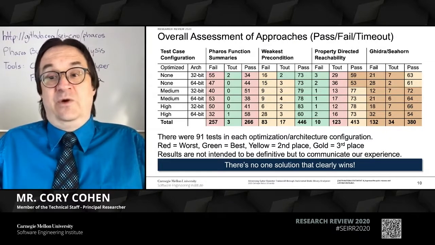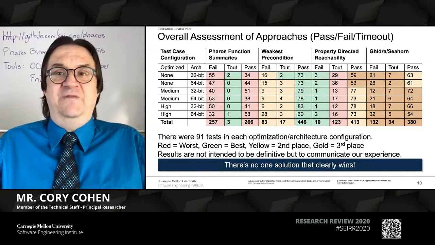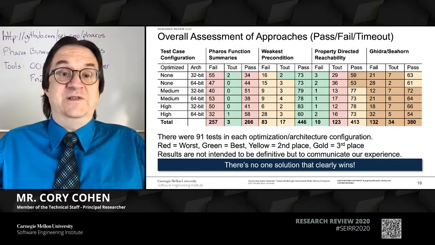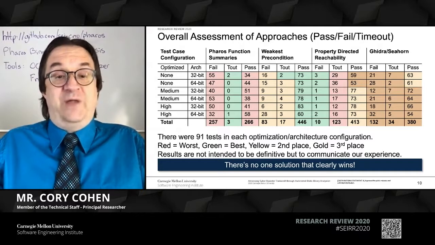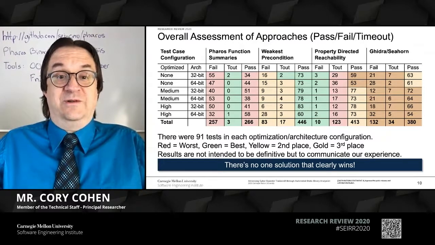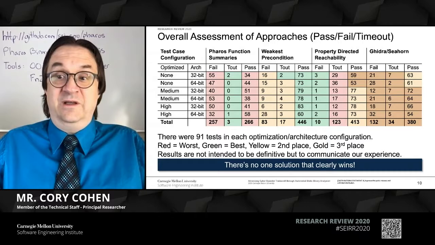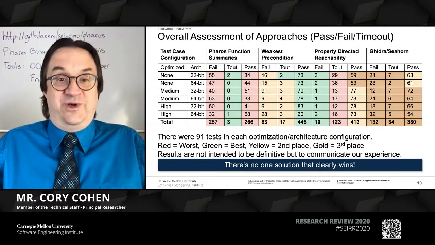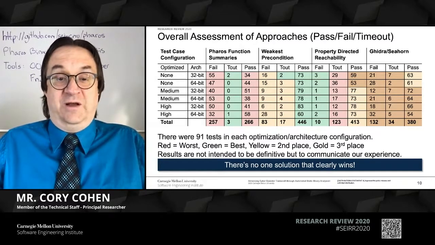The Ghidra Seahorn approach came out in kind of a disappointing third place. The good news here is that it wasn't because of the path reachability problems that were causing the other approaches to have difficulty. The problems here were all in terms of our ability to accurately lift the binary into a source code representation and transform it into LLVM.